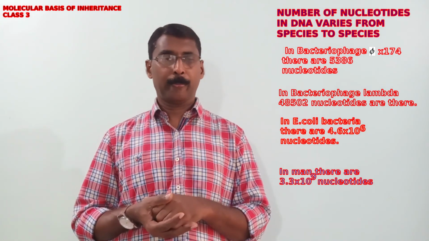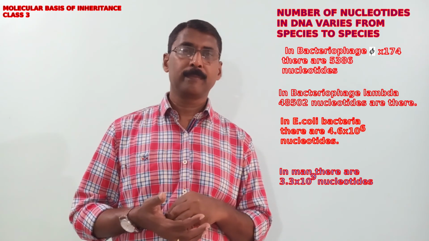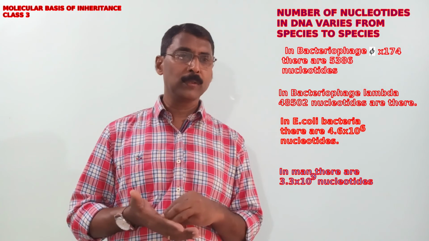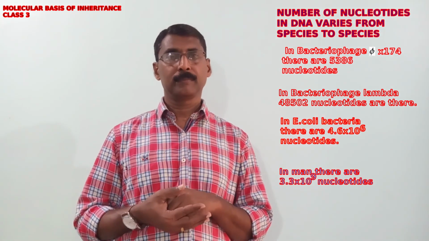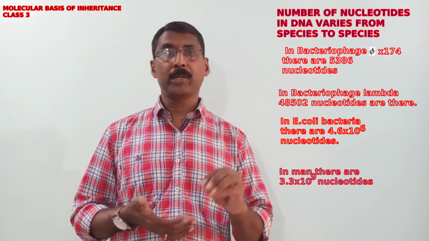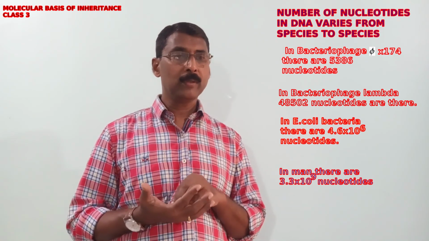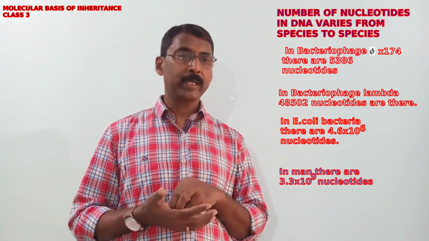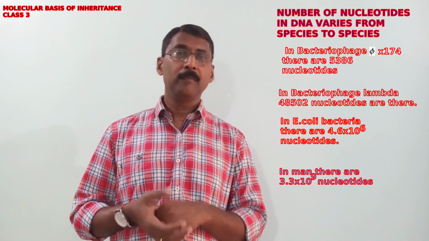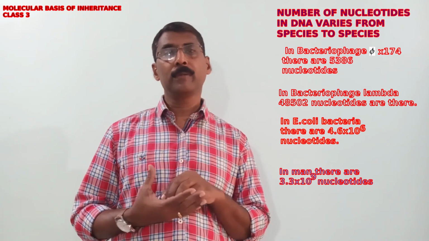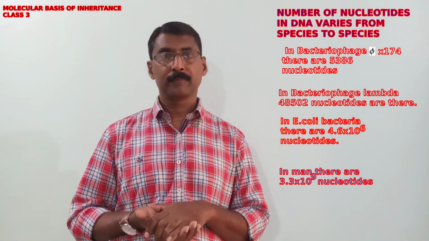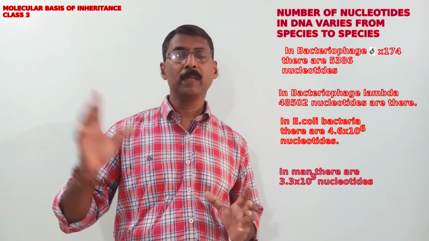In human beings, the number of nucleotides is 3.3 into 10 to the power of 9 in the haploid condition. And in the diploid condition, we have 6.6 into 10 to the power of 9 nucleotides. So the length or size of the DNA molecule depends upon the number of nucleotides. Okay. We shall wind up the class here.